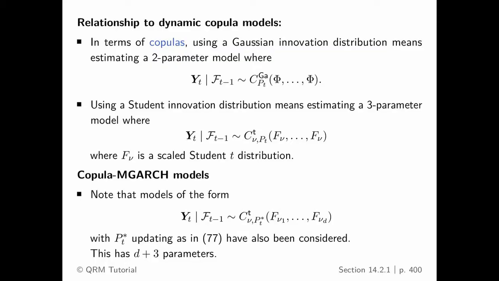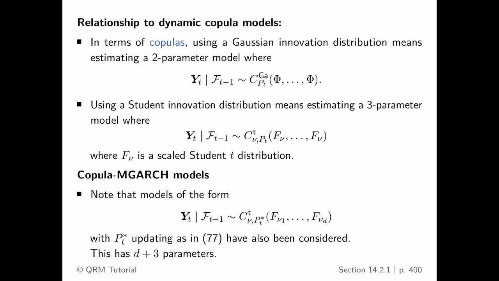To finish with, there is a relationship here to copulas. We've got far enough into copulas to know that there is a Gauss copula and a T copula. These models we fitted are, in fact, examples of dynamic copula models, because what we have is what I called the devolatilized process. Let's take two cases.